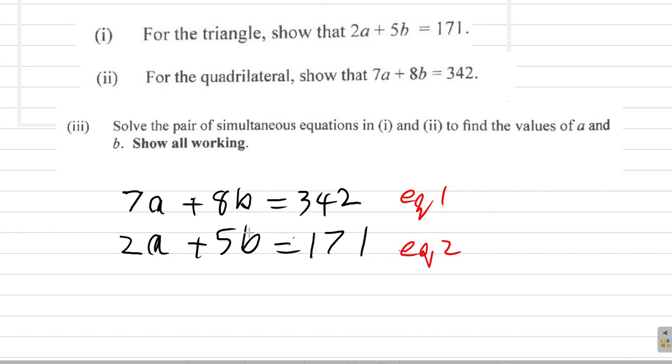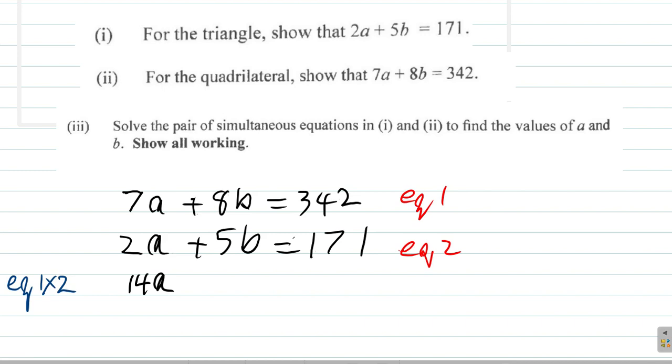Remember, you can always multiply an equation by a number and get another equation. Suppose you say equation 1 times 2, that gives 14a.